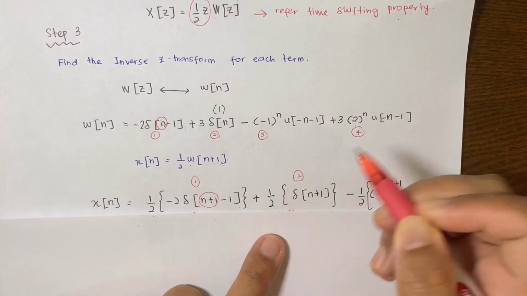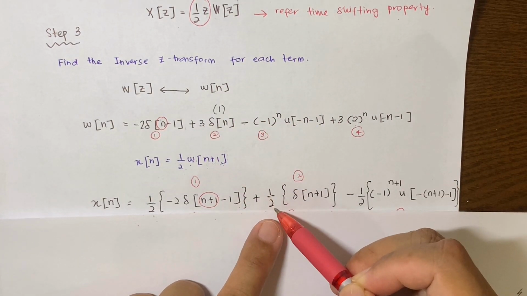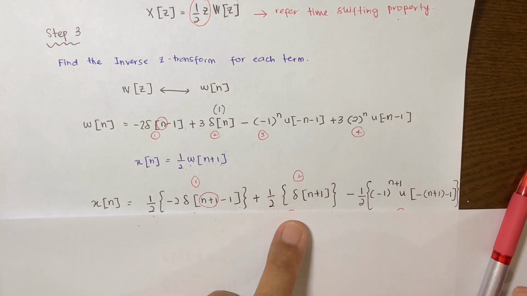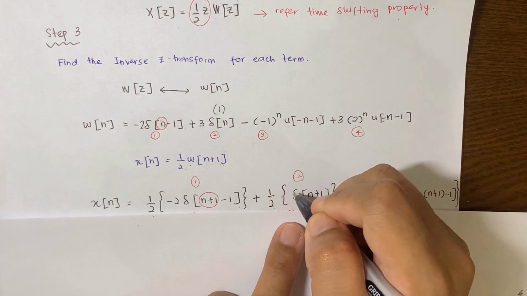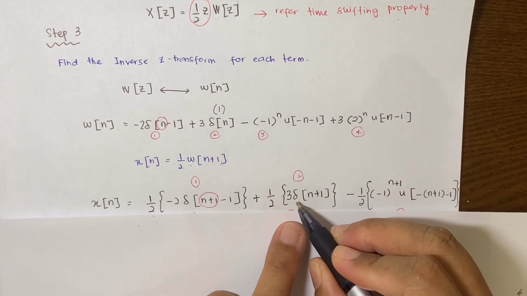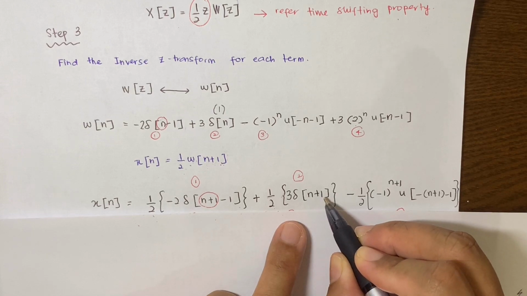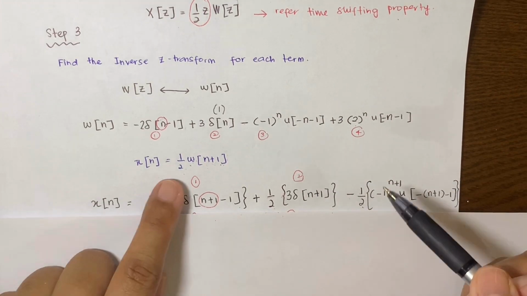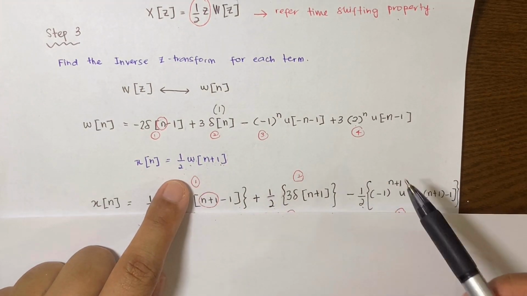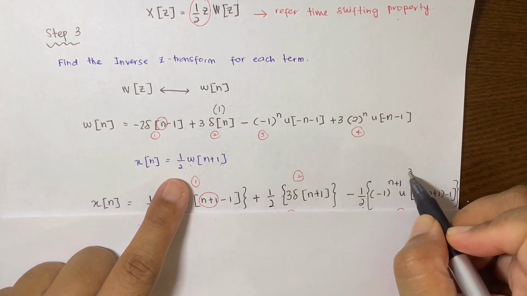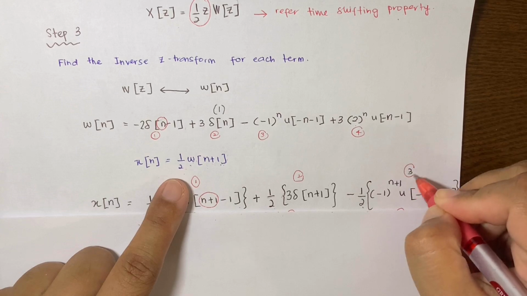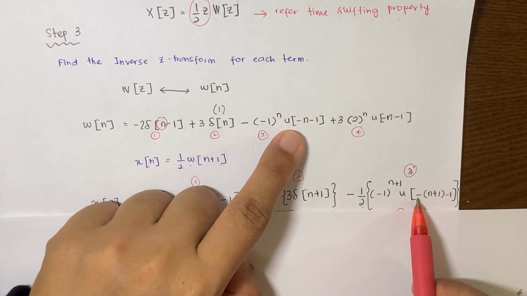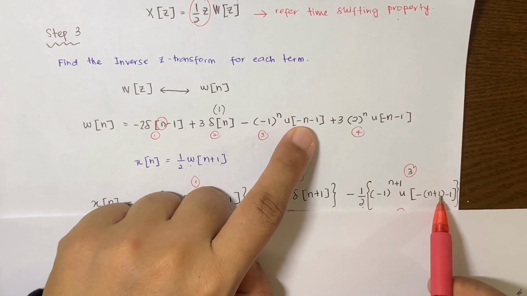So, the 3 plus 1 over 2 in bracket, 3 delta impulse n plus 1. And the third term, minus 1 over 2, comes from here, 1 over 2 in bracket, negative 1 to the power of n plus 1, u[negative n plus 1], changed, minus 1.